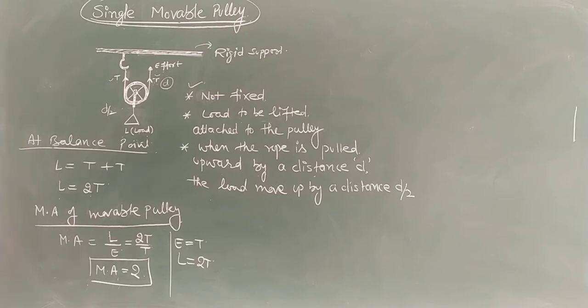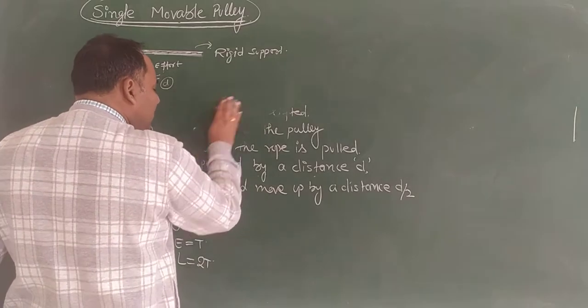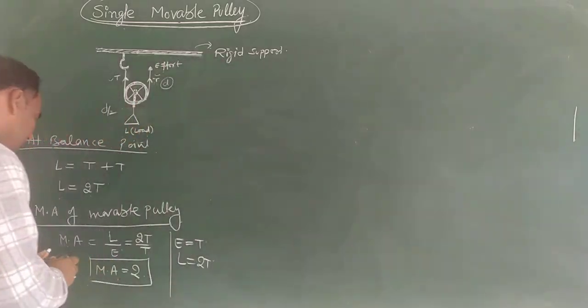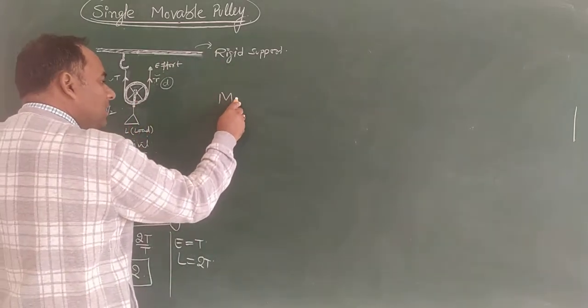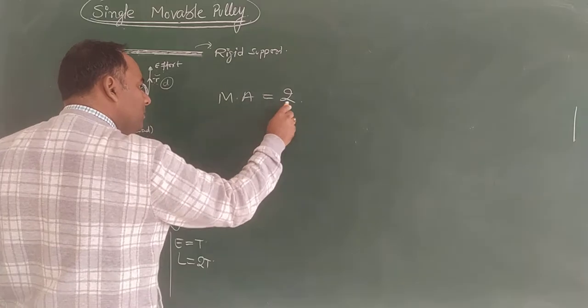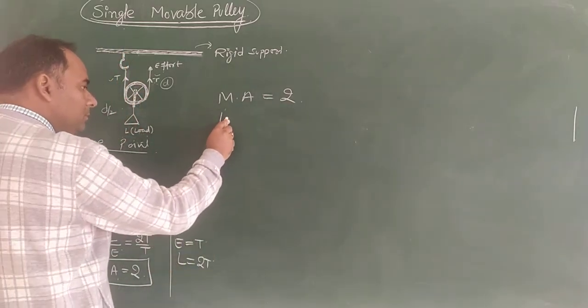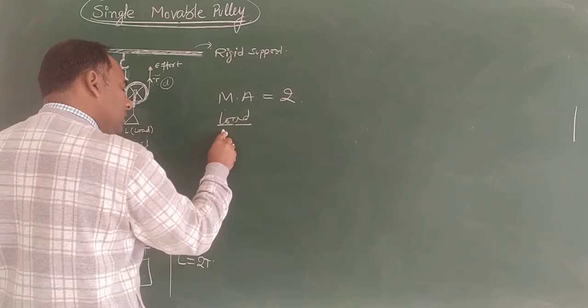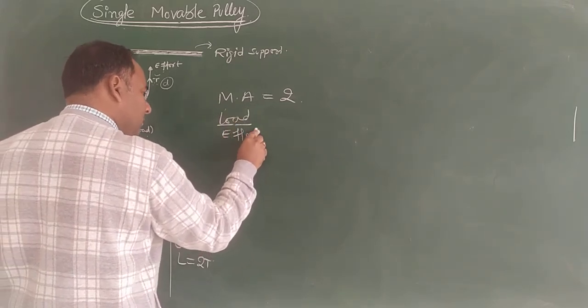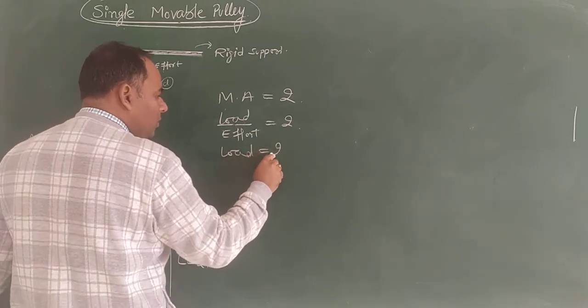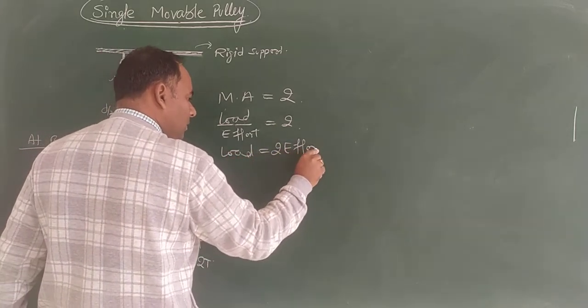Next, when the mechanical advantage is 2, this pulley acts as a force multiplier. Mechanical advantage is equal to 2. What is the mechanical advantage? Load upon effort. So this is your 2. So it means load is equal to 2 into effort.